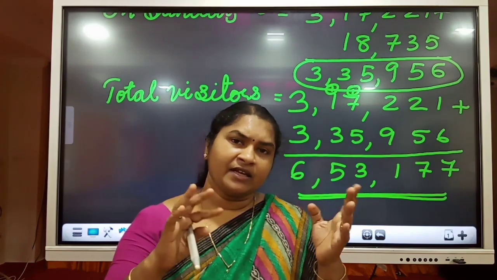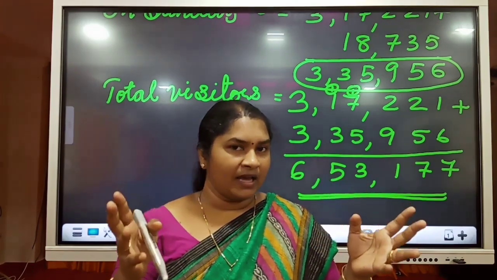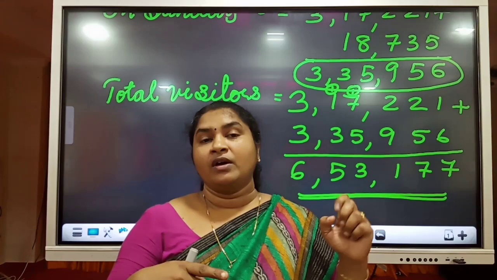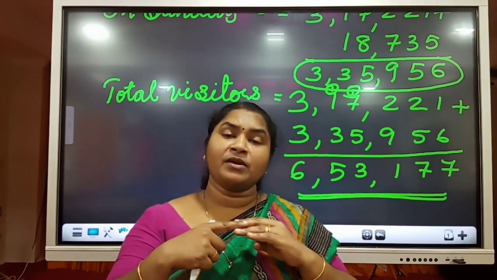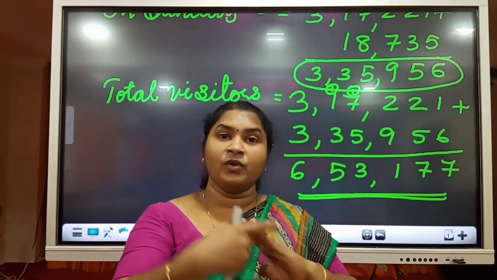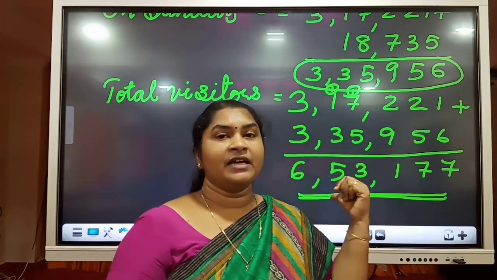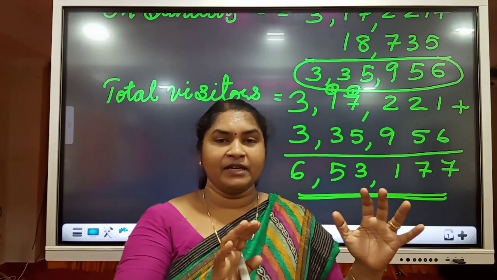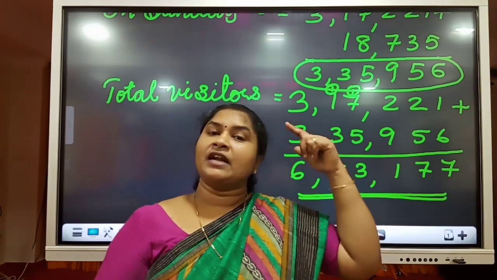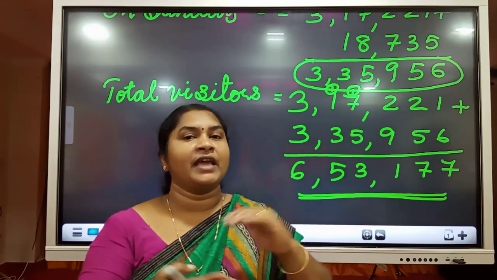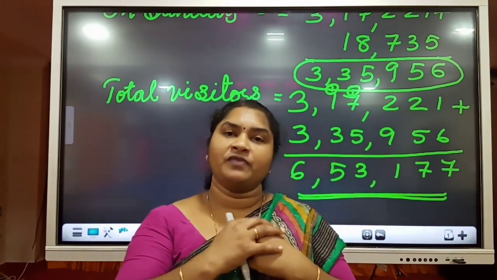They were having a little different ideas. First we had only addition of 2 numbers. Then in the second question we added all the 4 numbers. And here, Saturday was given as 1 number and Sunday we were asked to find out. Then after that, we added Sunday and Saturday together to form the total number of visitors.